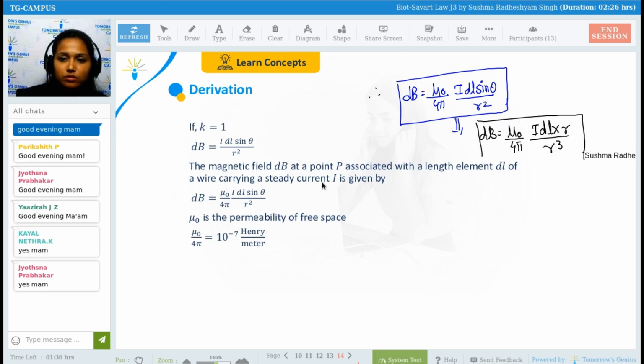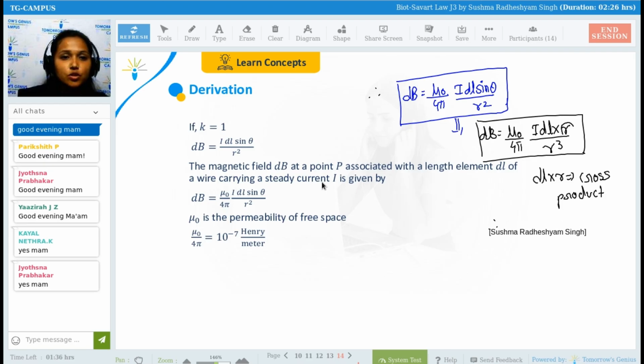Is it right or wrong? The second formula, which I wrote on the board, is it correct or wrong? So this formula is also correct, because in this formula, this product, dl into r, shows your cross product.